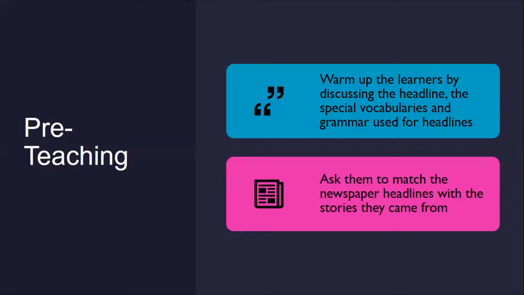For example, if the students want to write the headline, they have to use special vocabularies. And then, related to the grammar, to be should be omitted. So this is the characteristic of the headline.